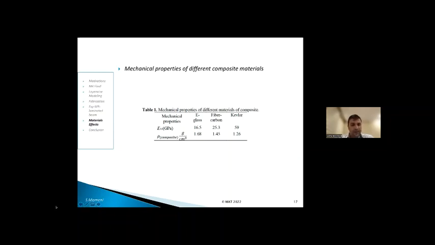In the next slide, I want to talk about the effects of the composite materials on natural frequencies.